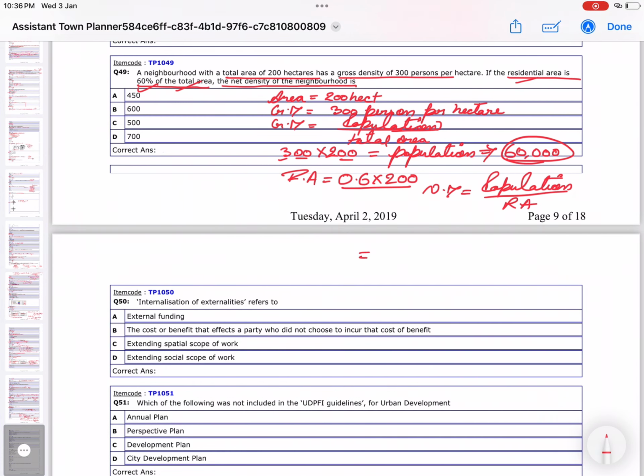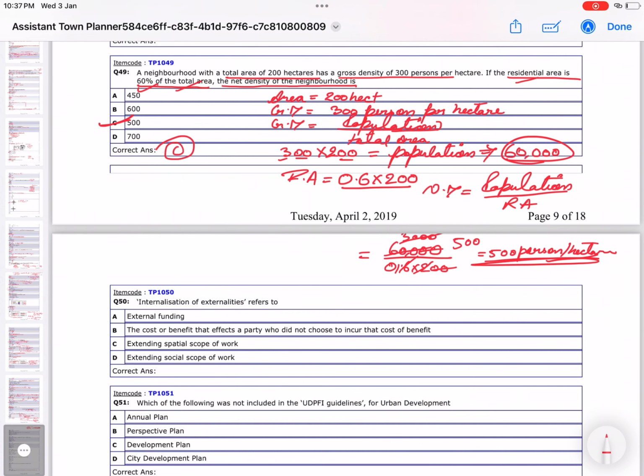It will be 60,000 upon 0.6 into 200. So it is 500 persons per hectare net density. Okay, so the answer is C.